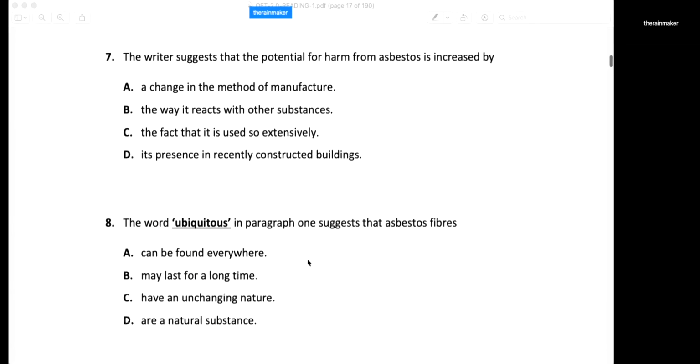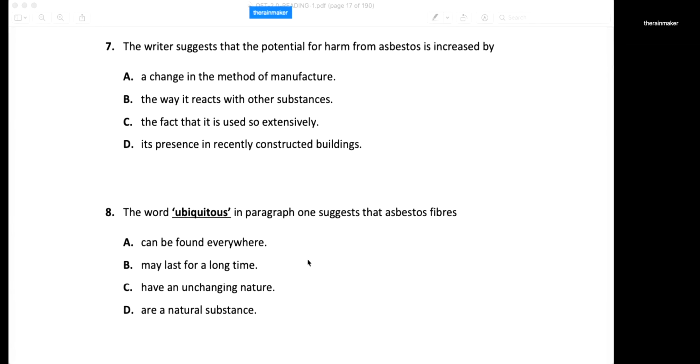The writer suggests, oh, okay, here ubiquitous is the second question. That means from the first paragraph there are 2 questions. So it already became 7. That means another paragraph will also have one more repeated question, and that's how it becomes 8, isn't it?